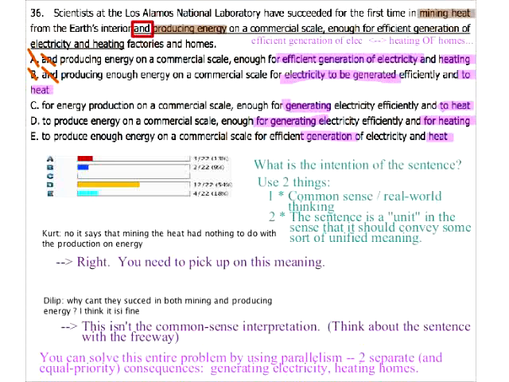Versus if it's just heating factories and homes, then that should go with generating electricity. You just have to write these in the same way. So the only choice that actually writes these things in a way that's parallel is D. It turns out you don't even really need the and here, but it's another consideration that is helpful.